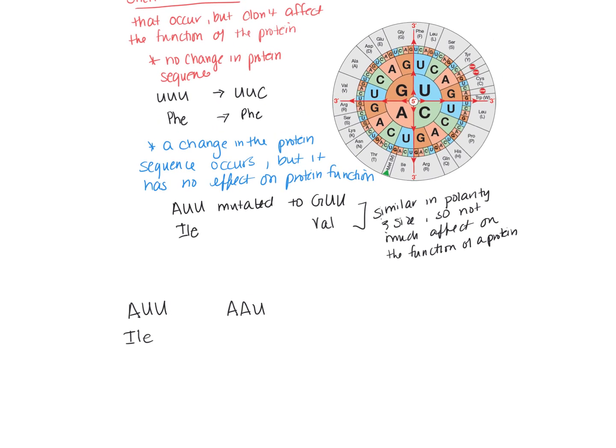So when we look here, we would say, okay, hey, look, if we have AAU right here, that's asparagine, which is ASN, and that's a really big change. This is a nonpolar amino acid, and it's replaced with a polar amino acid. And now, right, that's going to be a really big change, and it could change the structure of the protein. And if the structure of the protein is changed, then the function of the protein can also be changed.